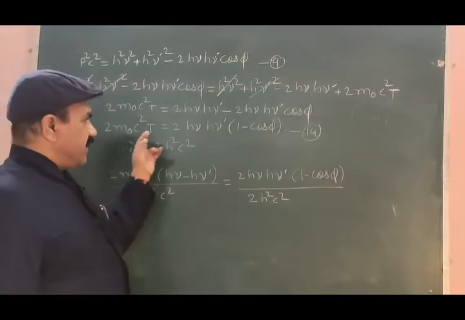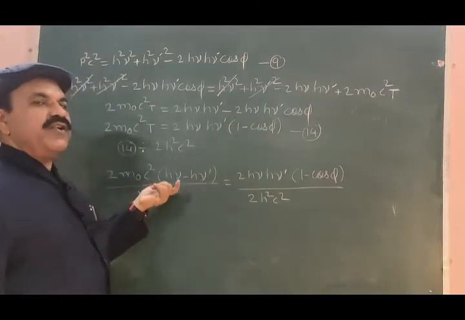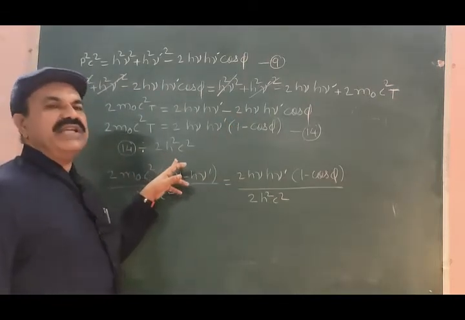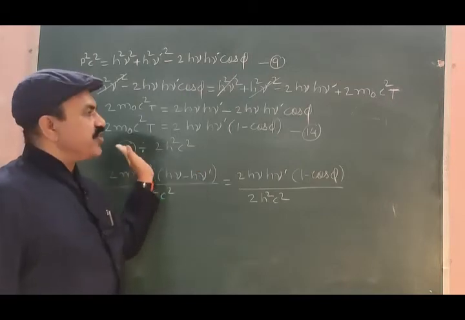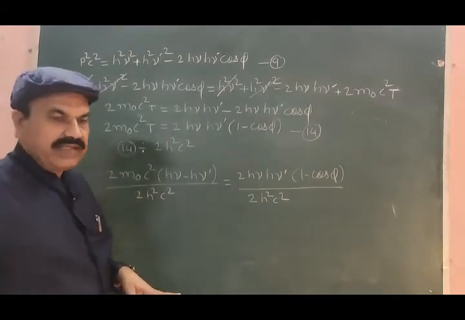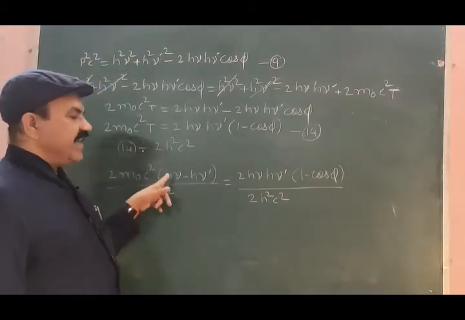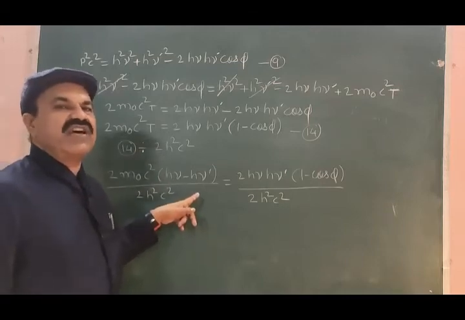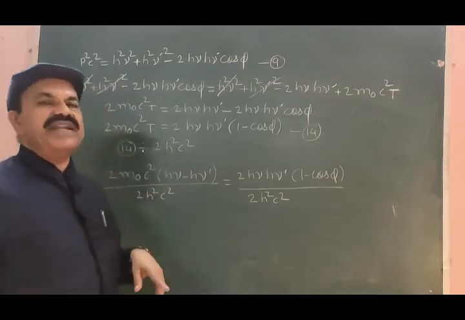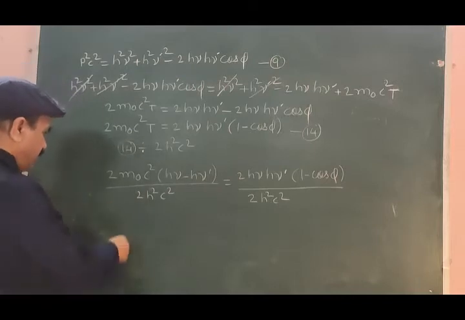Dividing equation 14 on both sides by 2 h square c square does not change equation 14. At the same time, the value of T is substituted from equation 1 as h nu minus h nu dash.